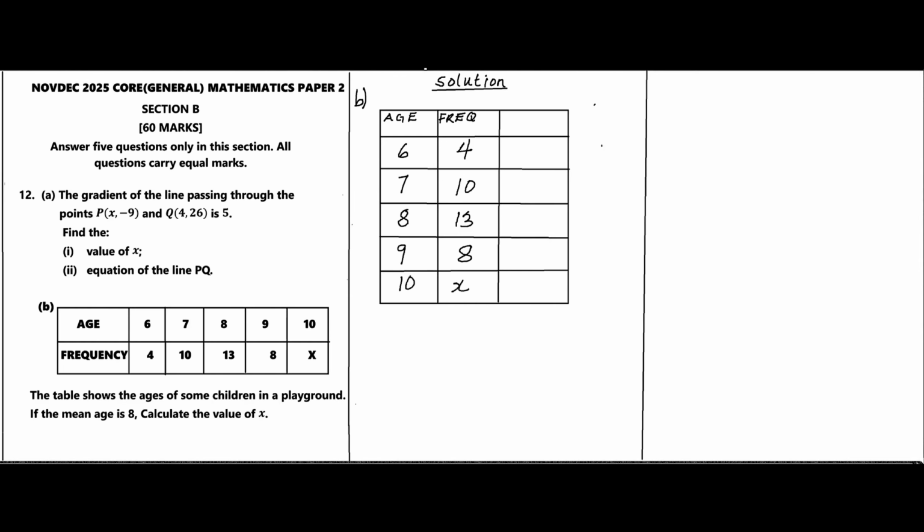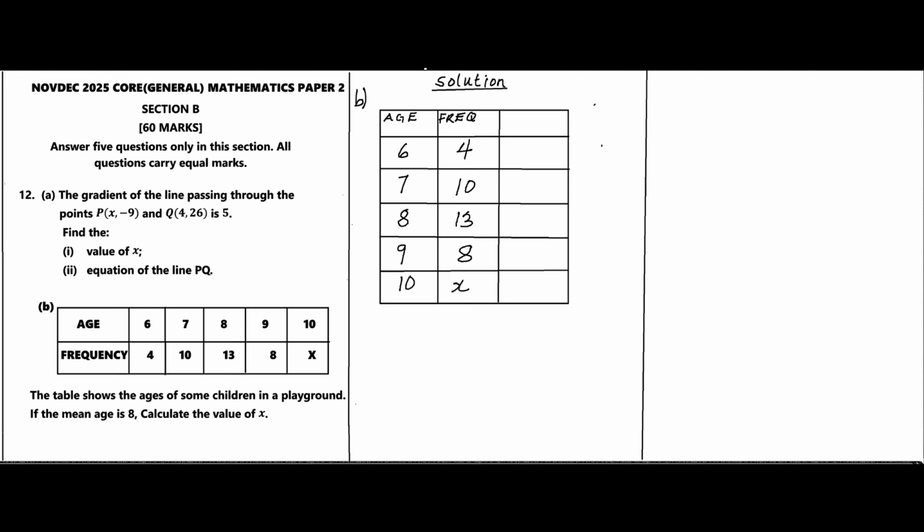Question 12b. So we have a table, and the table here shows the ages of some children in a playground. If the mean age is 8, we are to calculate the value of x. We have transformed the horizontal table into a vertical table.